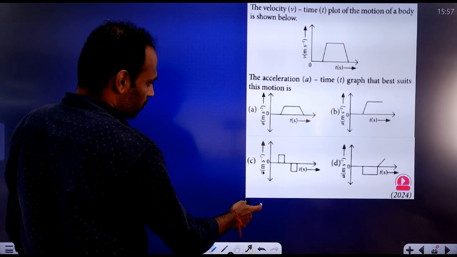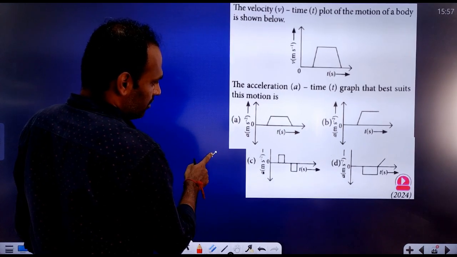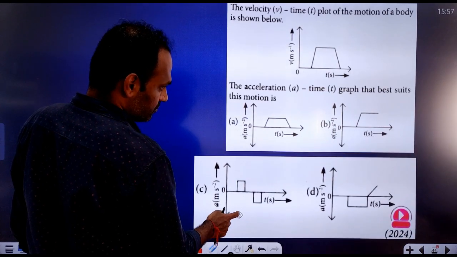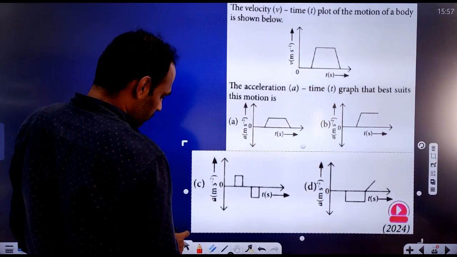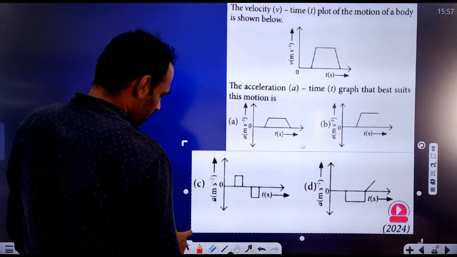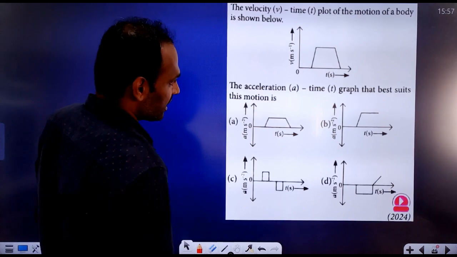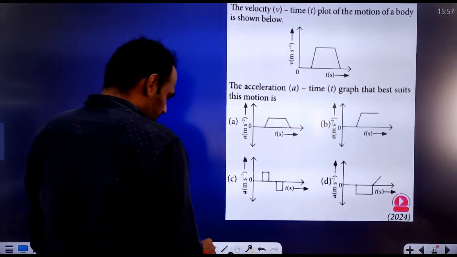Okay, let us draw the AT graph now. See what is happening here.